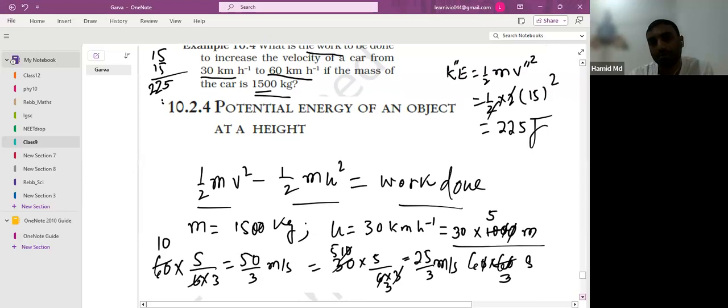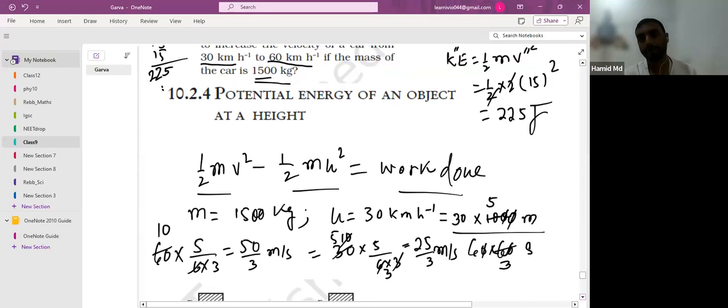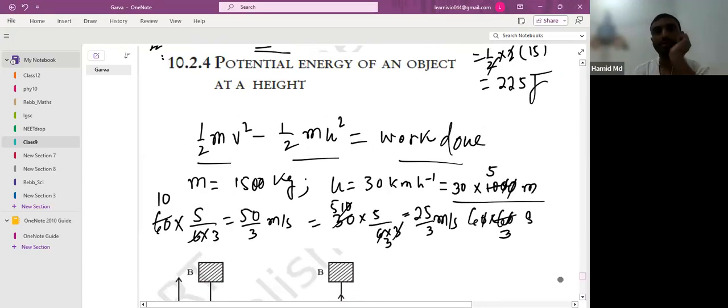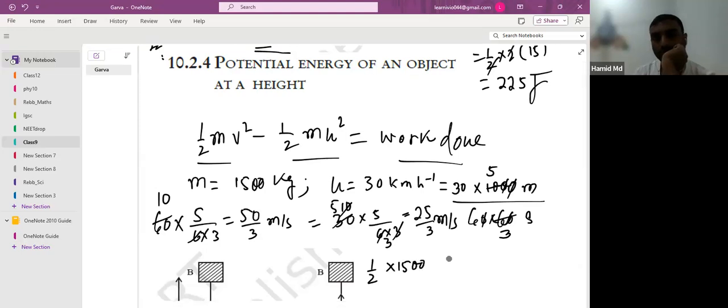So let me do the next part. I always lack space. So this is half, and m is 1500, and I'm taking v minus u.